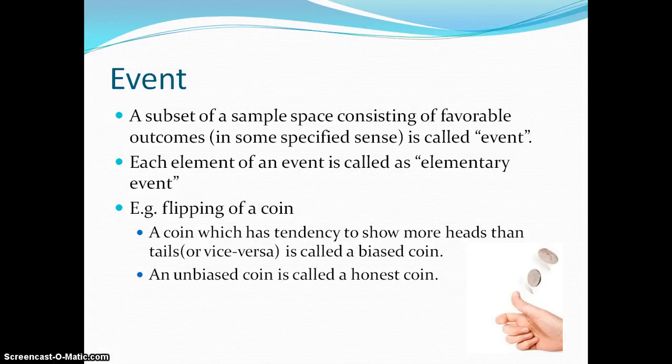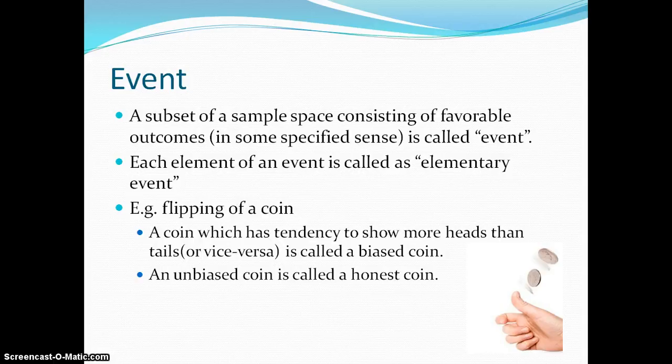Suppose S is a non-empty finite sample space and A is an event. Then the probability of A is equal to the number of elements in event A divided by the number of elements in the sample space, the probability that A occurs.